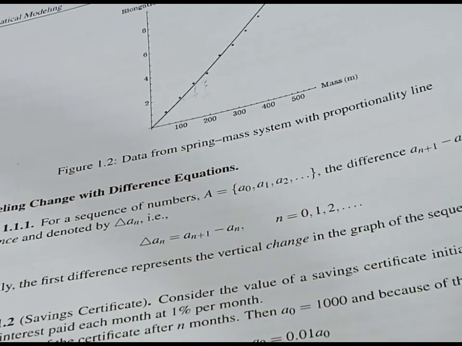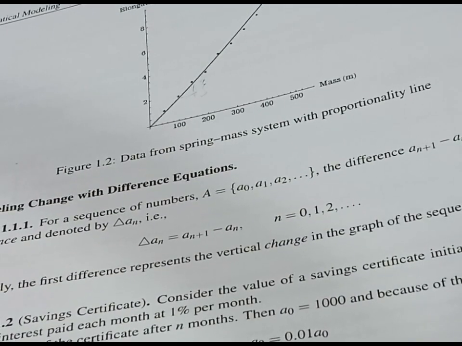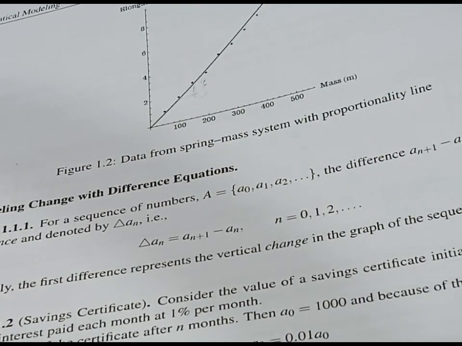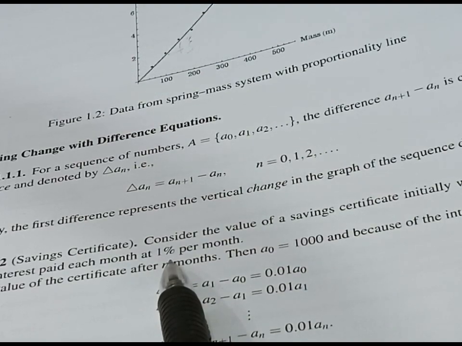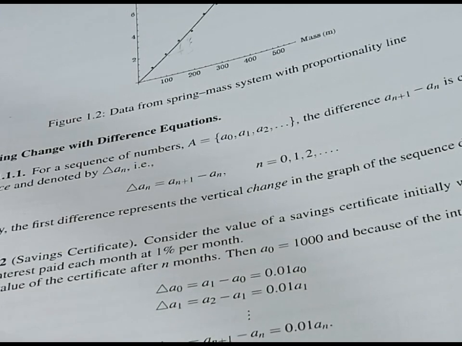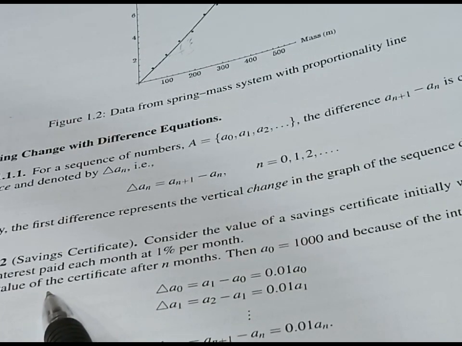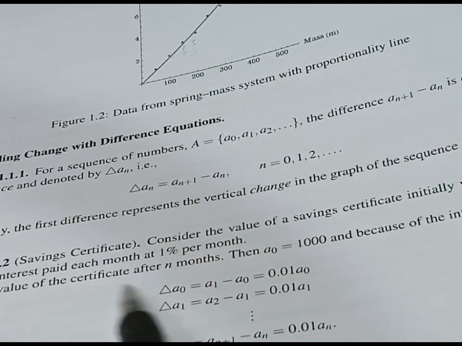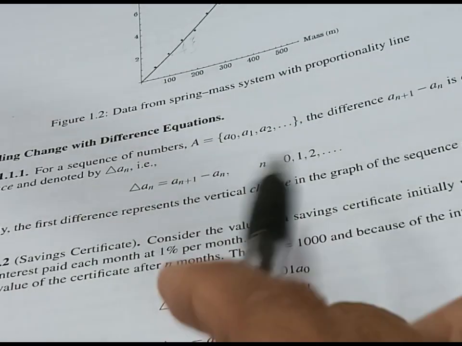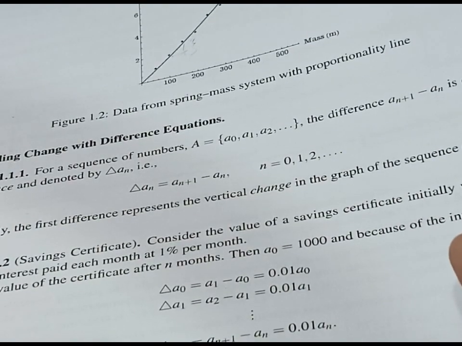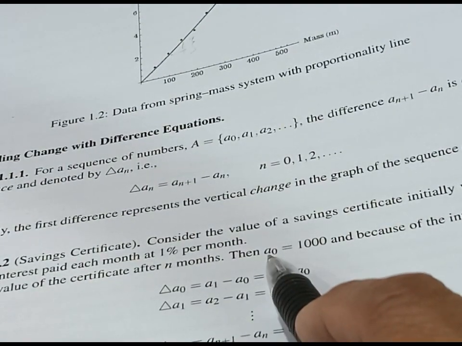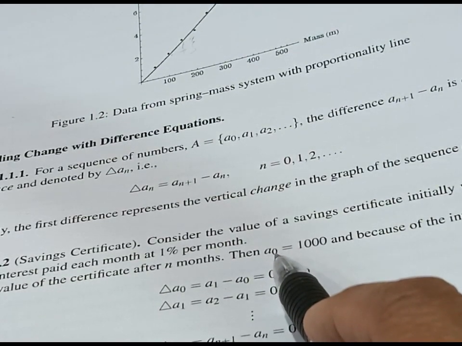Okay, let a_n be the value of the certificate after n months at 1% per month. The interest paid each month is incurred at 1% per month. Now the initial worth is $1,000. It means that the starting number should be A0, at position 0.